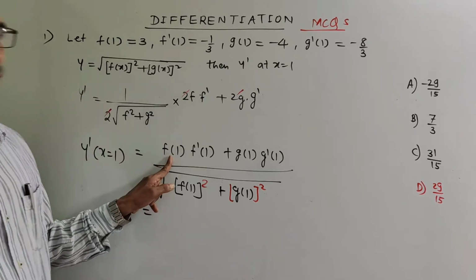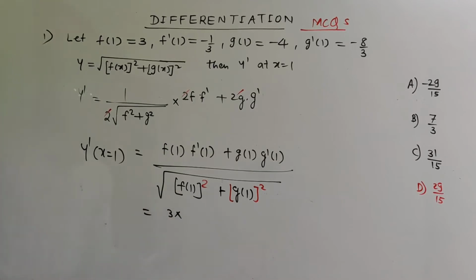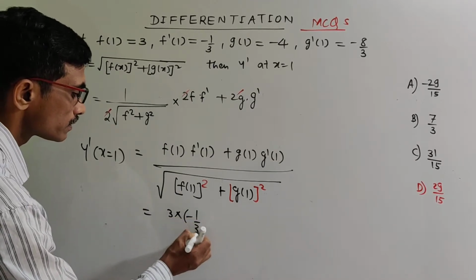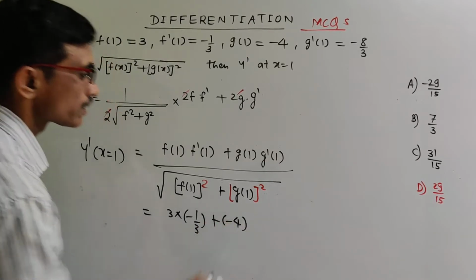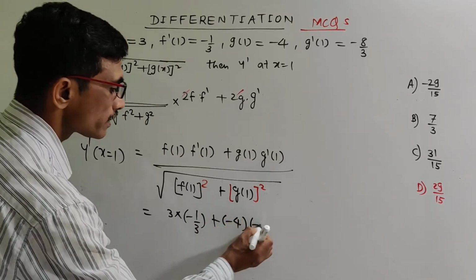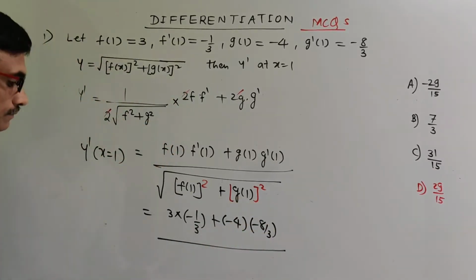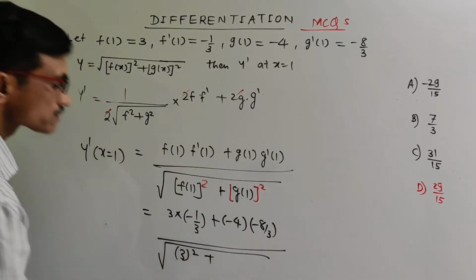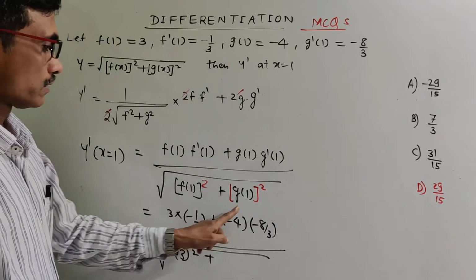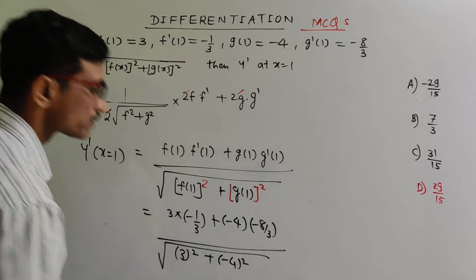Here given f of 1 is 3, f dash of 1 is minus 1 upon 3, g of 1 is minus 4 and g dash of 1 is minus 8 upon 3, upon square root of f of 1 square, that is 3 square, plus g of 1 square, that means minus 4 square.